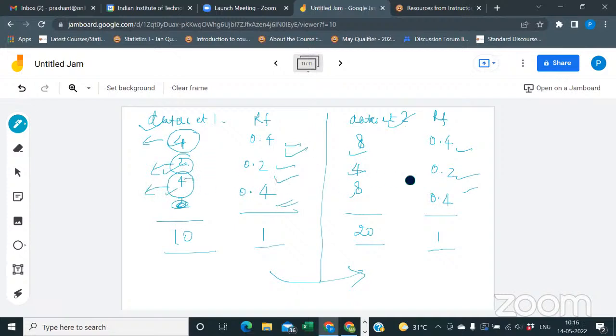You calculated the relative frequency for these two data sets. After that you concluded that the relative frequencies for number of deaths in both hospitals are the same. Got it? Yes, sir.